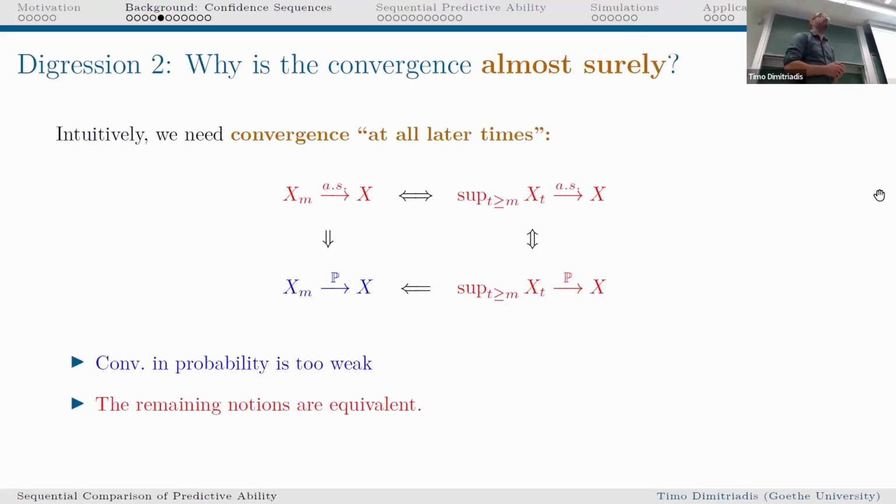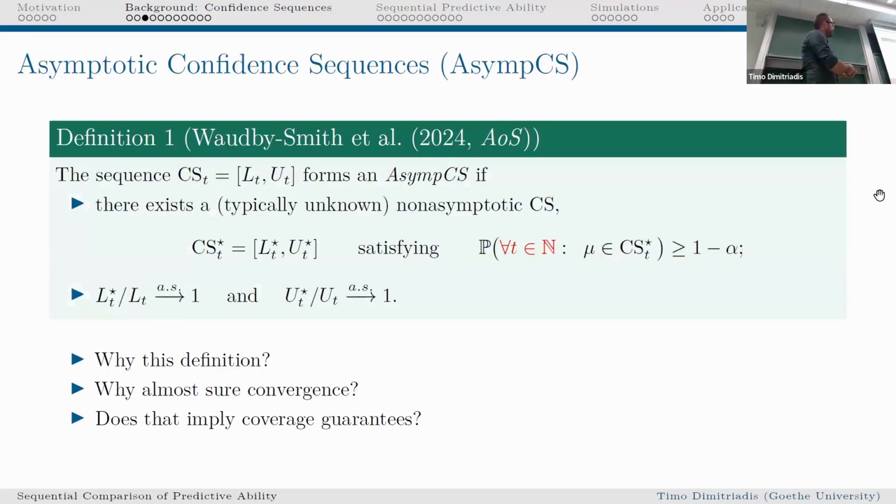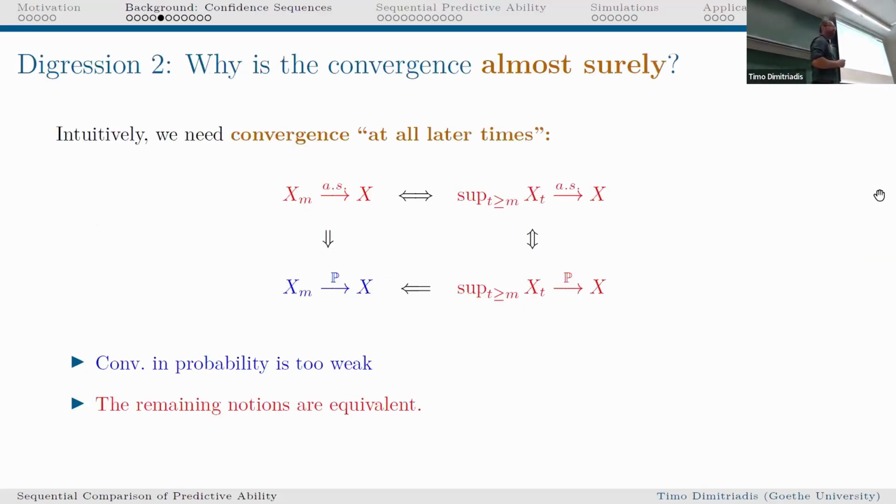Now, why almost sure convergence? Here, we could have convergence in probability. If we dig a bit into probability theory, what we need is convergence at all later times, because we want convergence for all times after the peeking time m. Now, you could say, all right, we have convergence in probability, we have convergence almost surely, we have convergence at all later times almost surely, and convergence at all later times in probability.